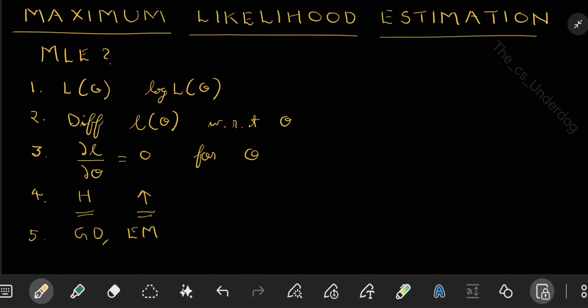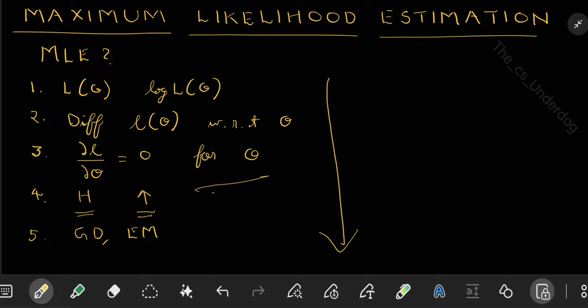All these come in as numerical optimization techniques. Then you have Newton-Raphson, you have Fisher scoring. All these are different methods for numerical optimization. We'll discuss that when we reach the numerical optimization lectures. There we'll discuss what exactly these things are and how to do those numerical optimizations. For now, just understand that this is the process.